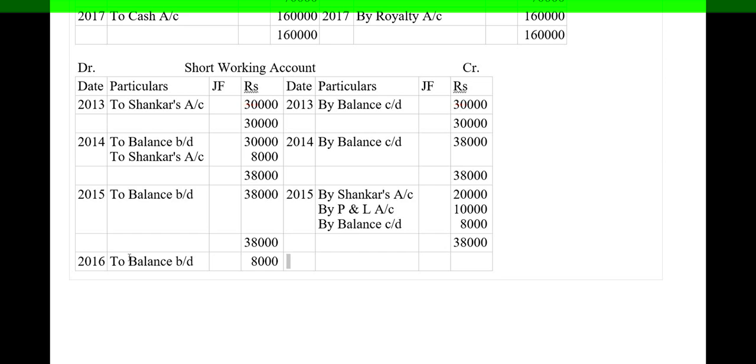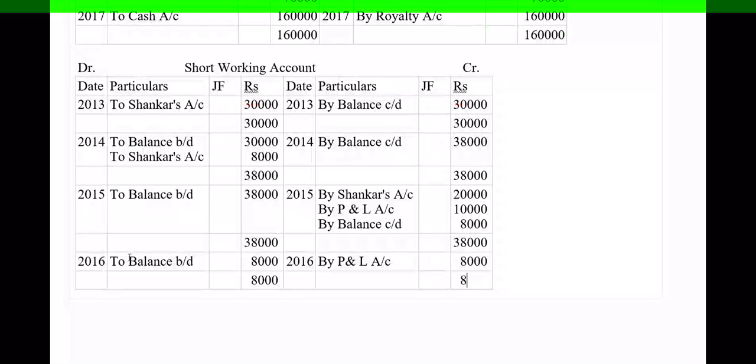When there is a recovery here, 2016 by profit and loss account debit to short working account. So short working account is credited by P&L account, that is rupees 8,000. So there is no balance remaining in the short working account here.